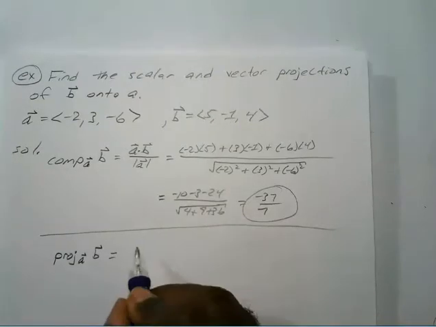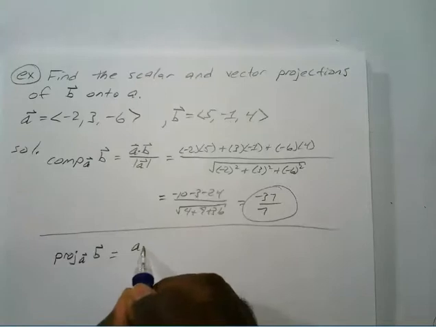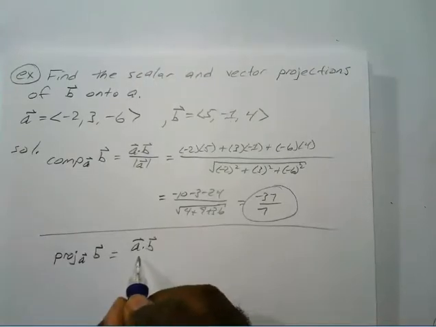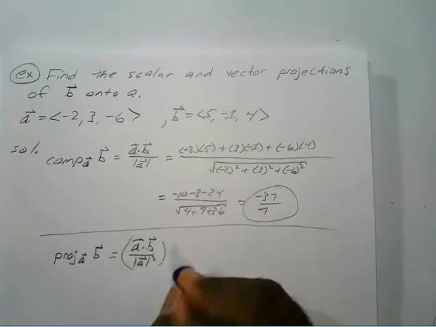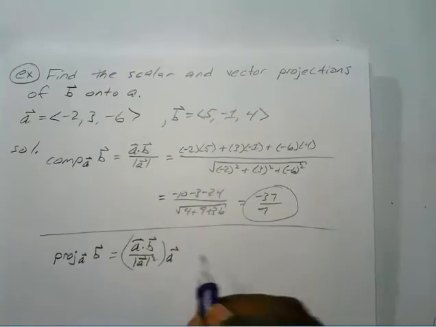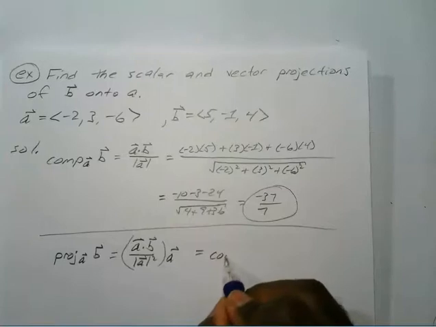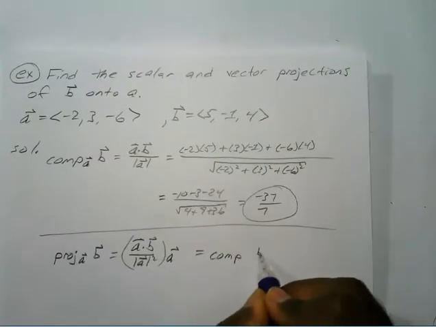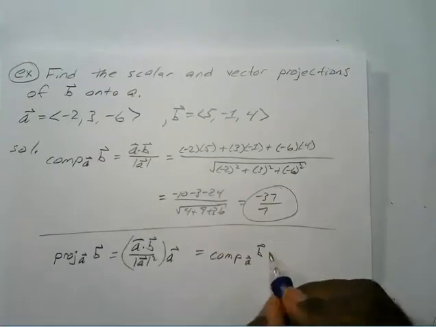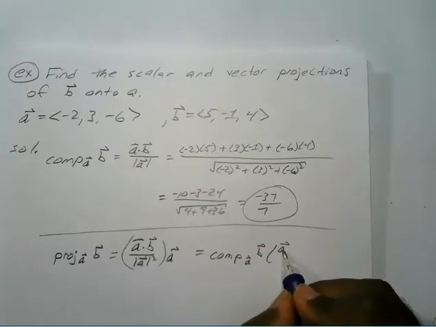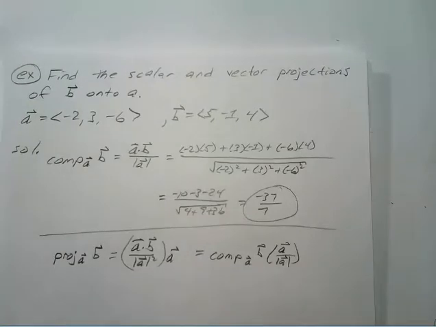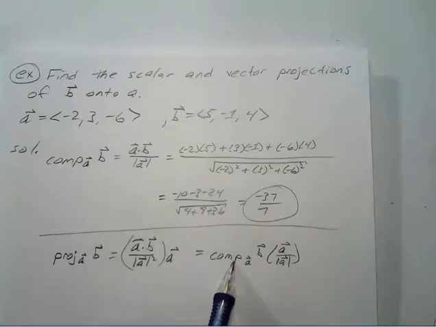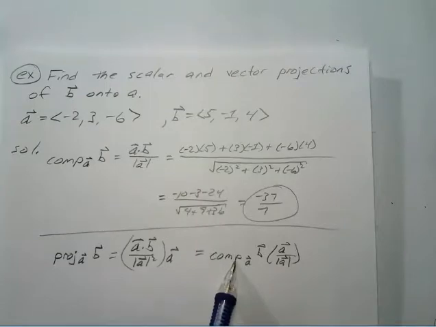You could say the dot product of the A and B vector divided by the magnitude of A squared times the vector A, or the scalar component of B onto A times the vector A over the magnitude of A. Here we already figured out the scalar component, so we might as well use it.